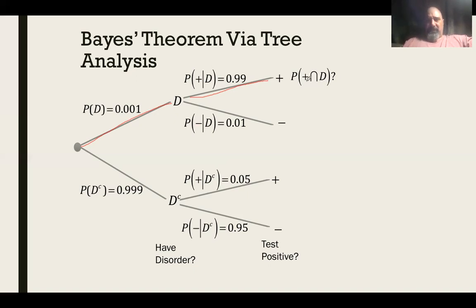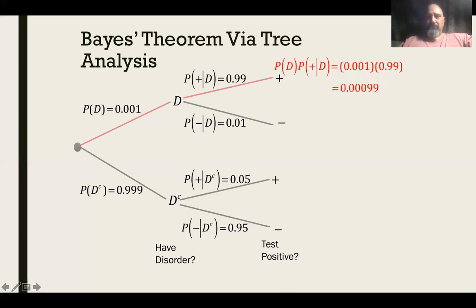Well, that's the probability of the intersection of them, the probability of both occurring. We can't just multiply probability of disease times marginal probability of positive. We need to apply this more general rule for multiplication. Probability that both are true is probability of disease times probability of positive given disease, right? That is multiplying 0.001 times 0.99, and that comes out to 0.00099.